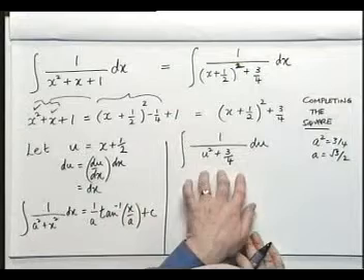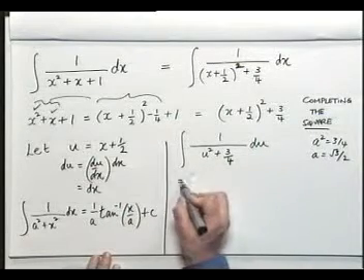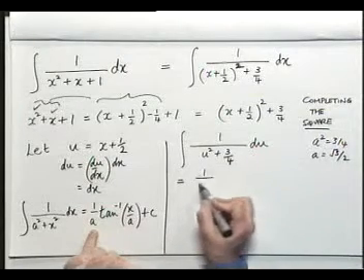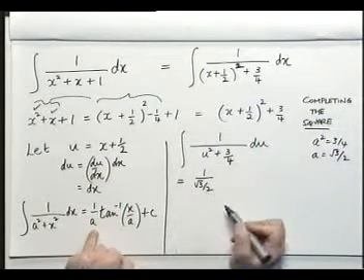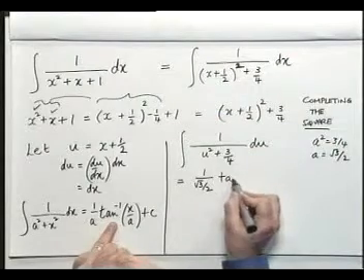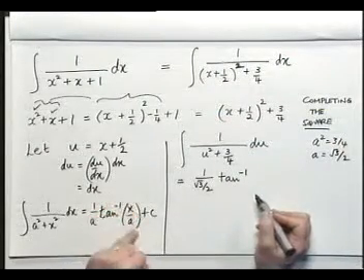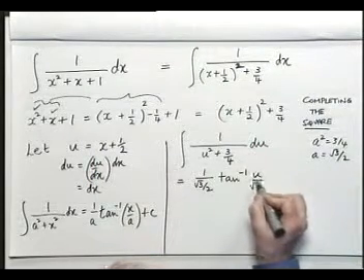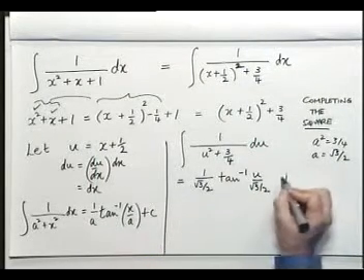So we can write down the answer straight away. This will work out at 1 over a, which is 1 over root 3 over 2, tan to the minus 1 of u over a, which is u over root 3 over 2, plus a constant.